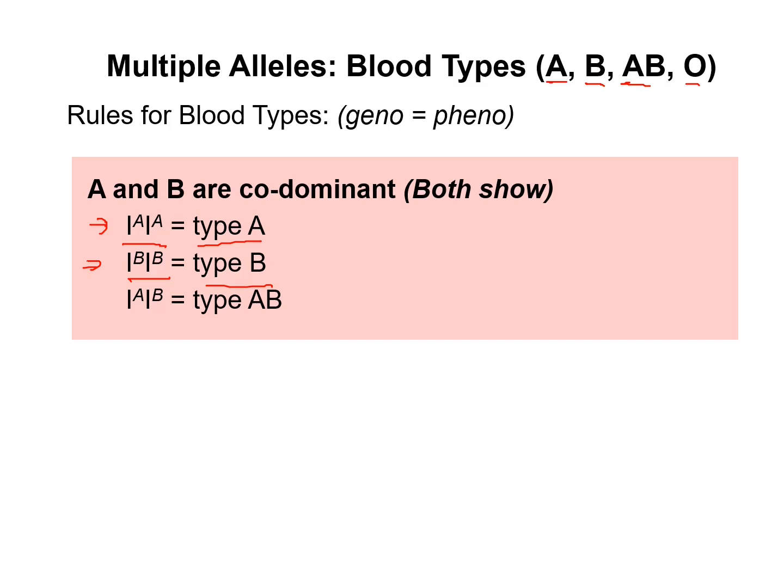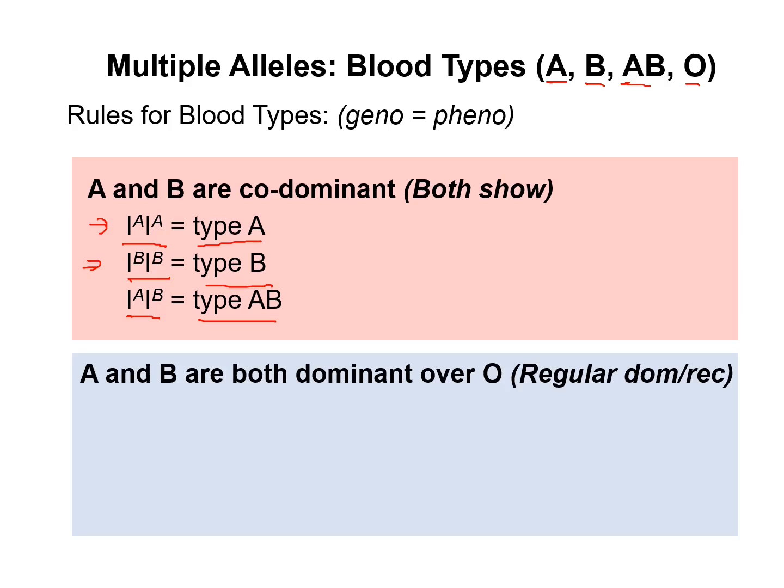In this case, when you have A and B, these are codominant, and you get a blood type that is AB. On the other hand, A and B are both dominant over O, which follows the regular dominant-recessive notation.